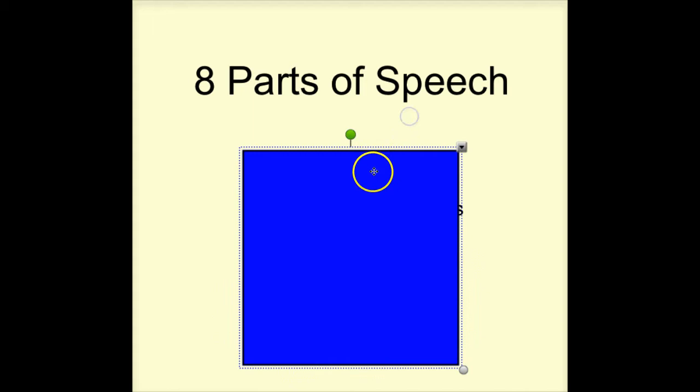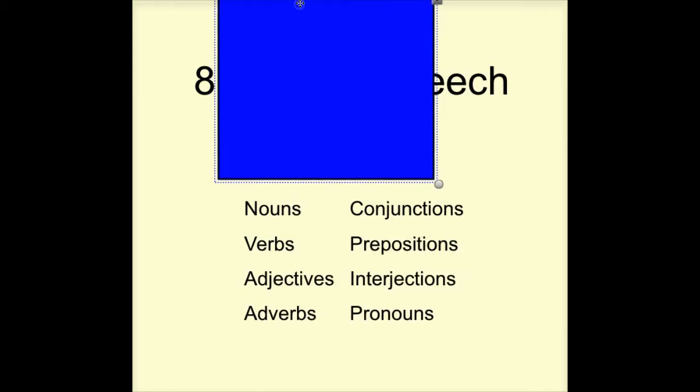Well, hopefully you remembered, and hopefully these are the words you came up with. Nouns, verbs, adjectives, adverbs. Those are the 4 people usually remember. Conjunctions, all different kinds. We've talked about coordinating and subordinating so far. Prepositions, we're going to get to them shortly.